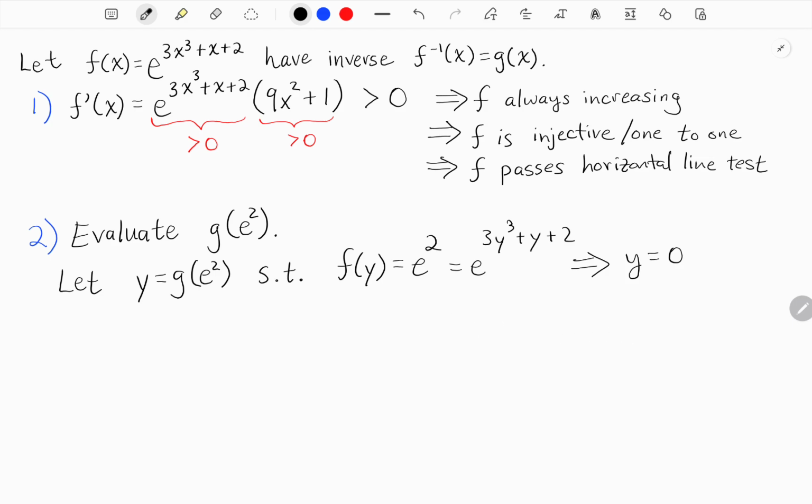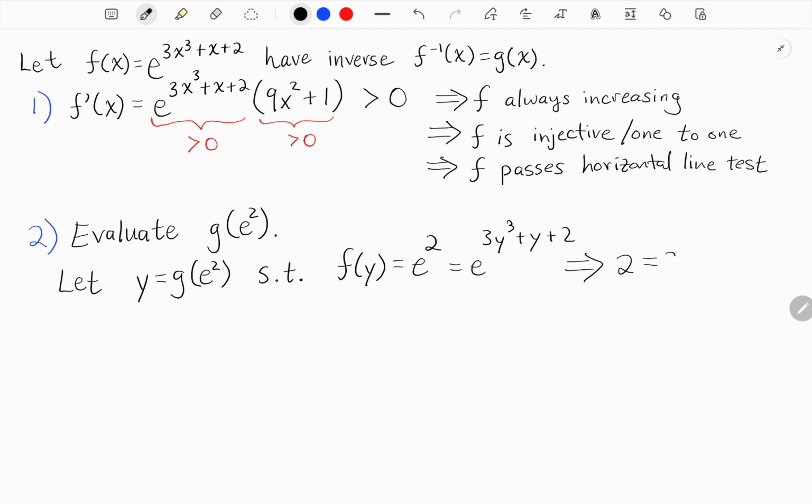Okay, anyway, so we know y is equal to 0, but we can try to show that a bit deeper, even though we already know that there are no other values of y that could make this exponent equal to 2. But let's just see.